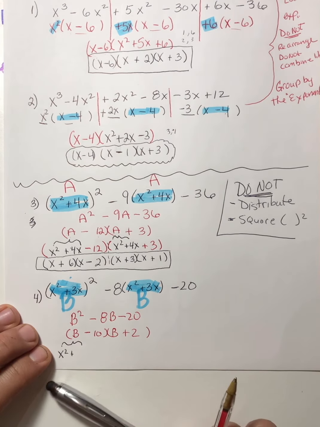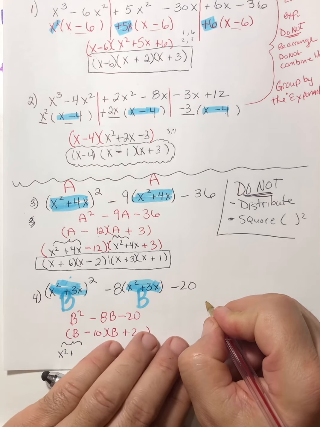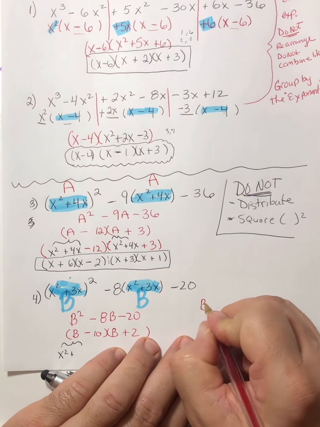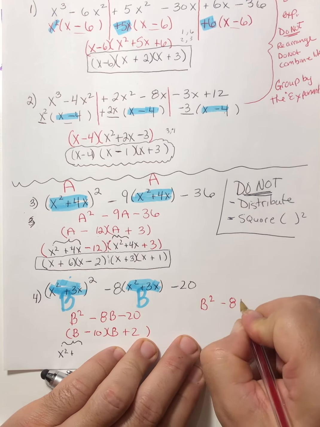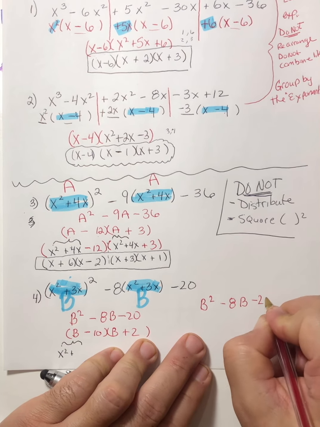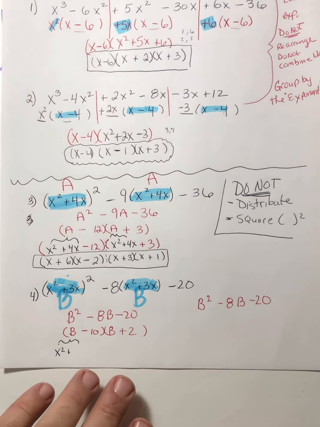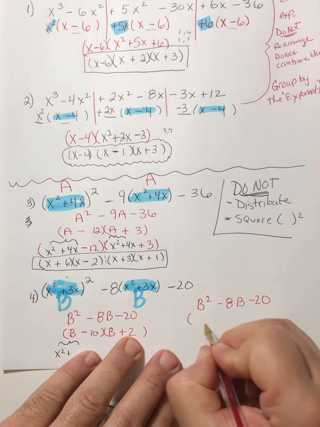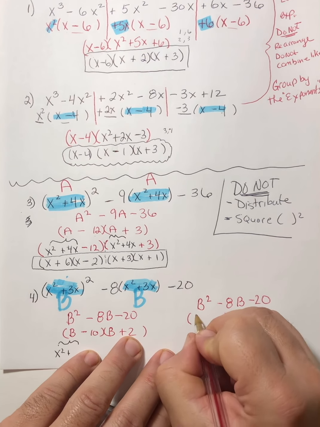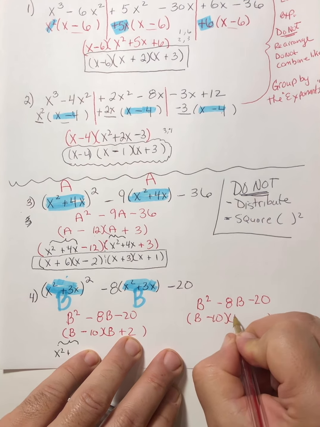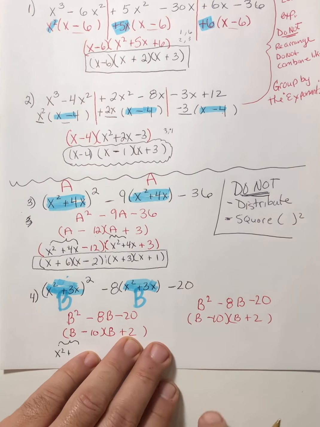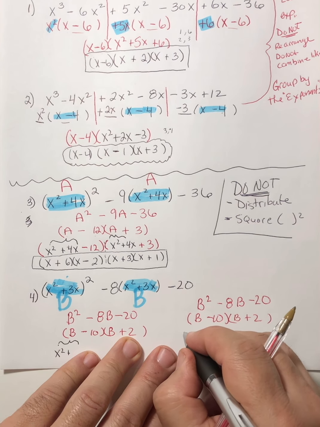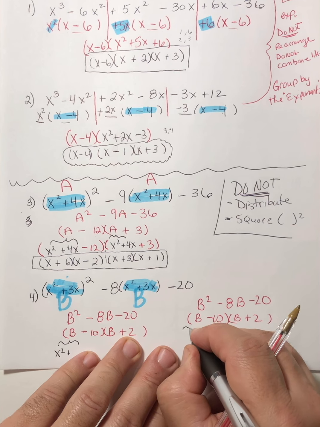Actually, you know what I'm going to do? I'm running out of room. Let me do this, coming up over here. So I have b squared minus 8b minus 20. So we factored it to b minus 10 and b plus 2. All right, so now I want to take this.